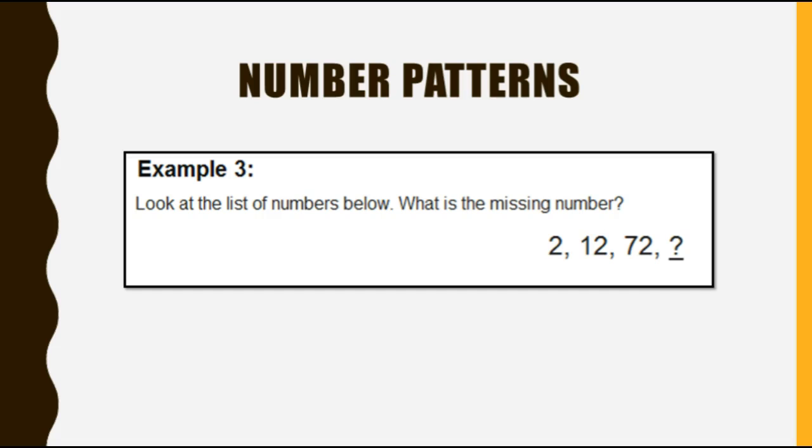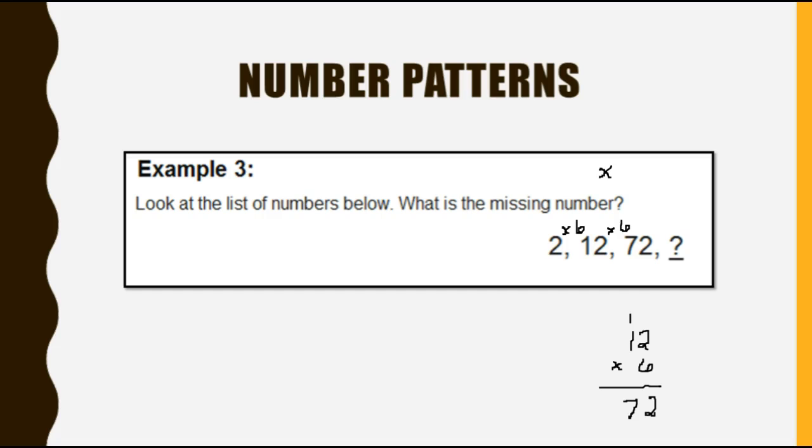So let's try multiplying. What would I multiply times 2 to get 12? I would use times 6. 2 times 6 is 12. 12 times 6, let's figure that down here. 12 times 6 is 72. All right, so now we know our rule.